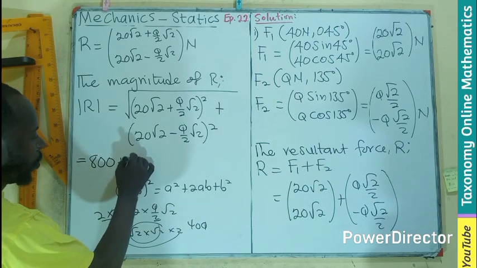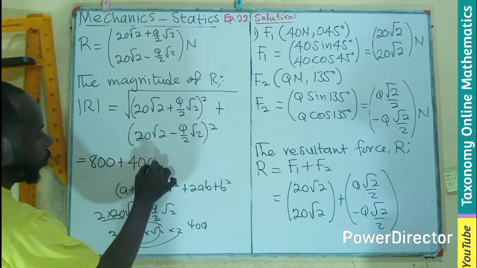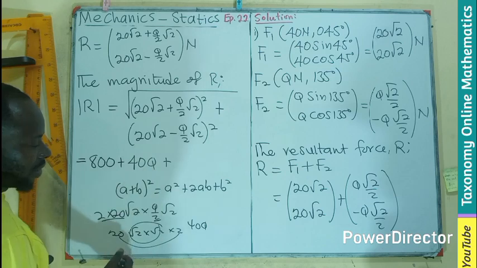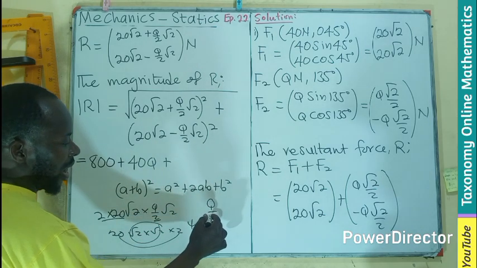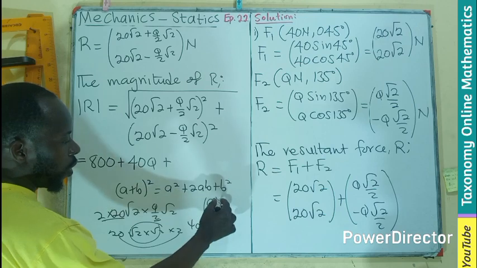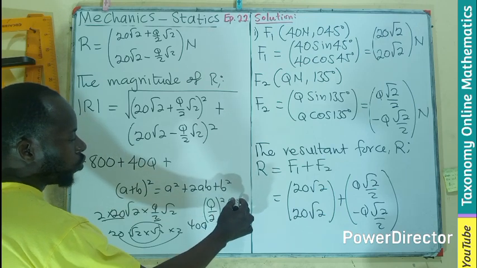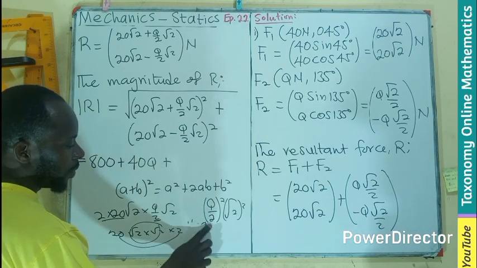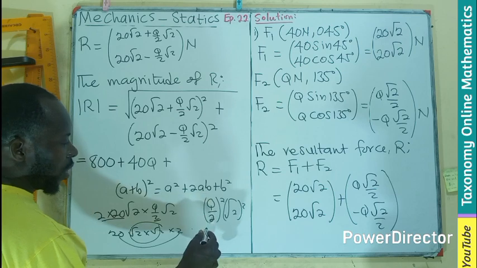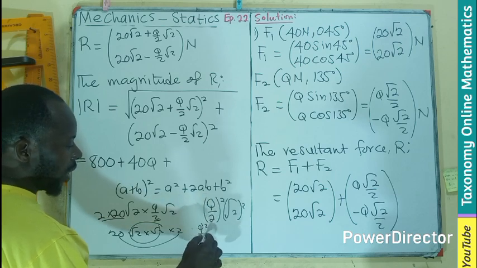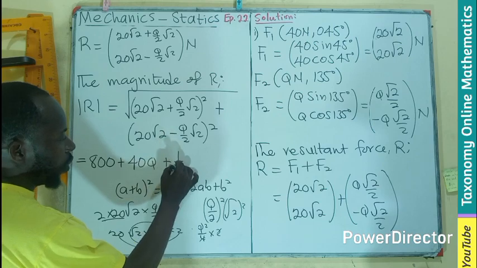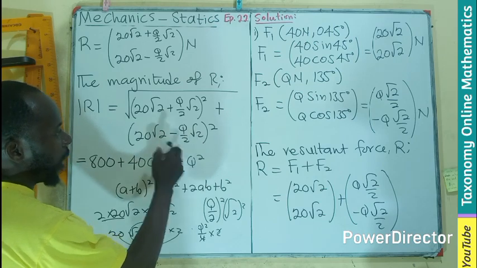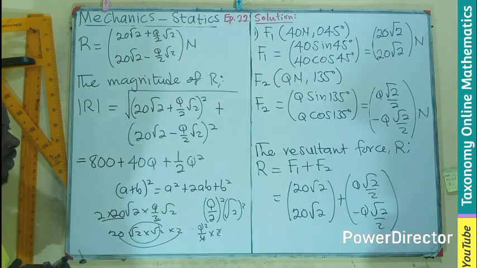So that will give you 40Q, plus square the last, as in Q over 2 root 2, all squared. This will be Q squared over 4 times 2, cancel. So I will be having 1 over 2 Q squared from the first part, the bracket.